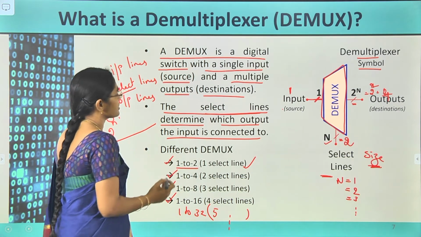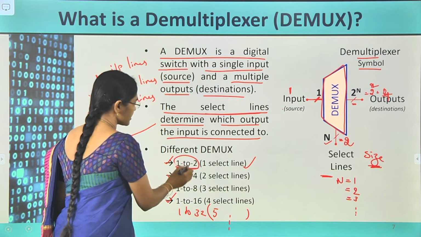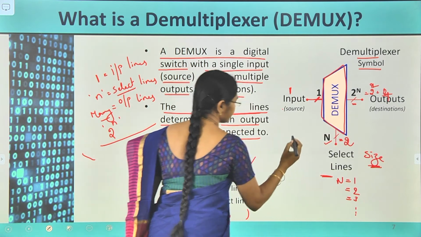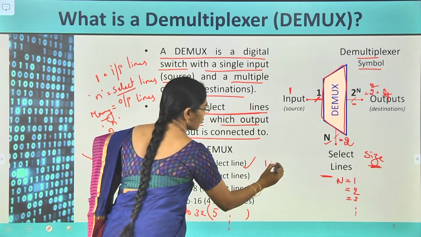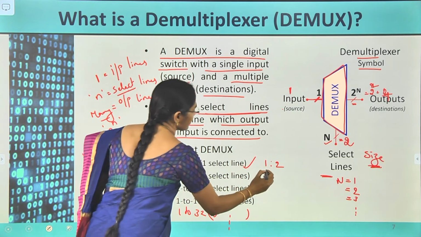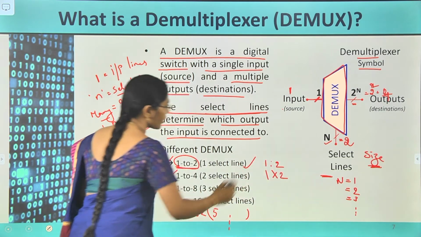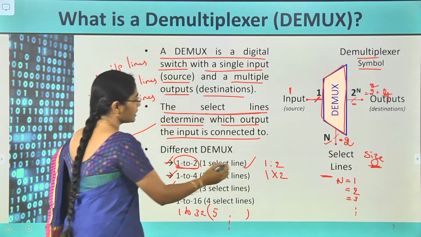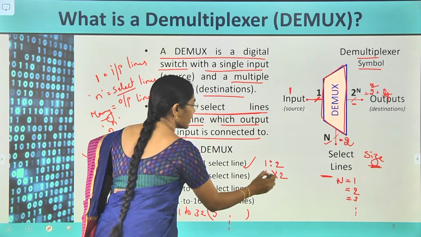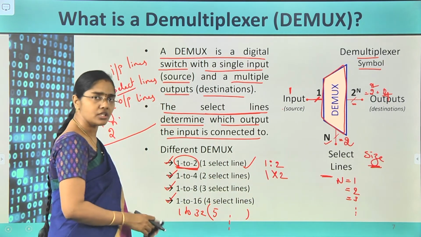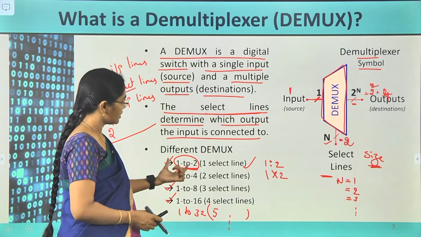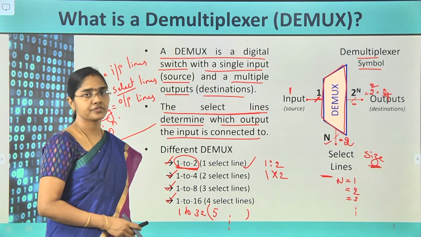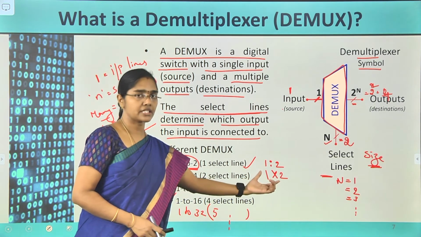And here, observe, it is represented as 1 to 2, and a demultiplexer can also be represented as 1 is to 2. It can also be represented as 1 by 2. Any type of representation is allowed here, that is 1 is to 2, 1 into 2, 1 to 2, but all are read as 1 to 2 demultiplexer, or 1 by 2 demultiplexer.